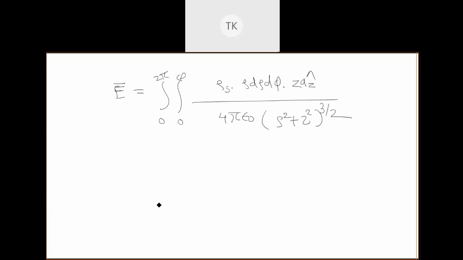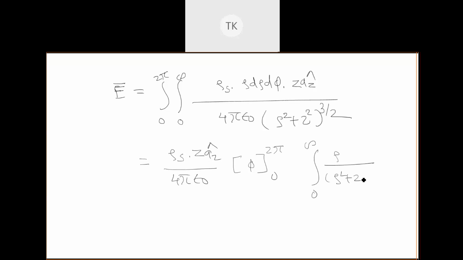So we will calculate here. We will first take the common terms out, rho_s into z a_z cap divided by 4 pi epsilon 0. The integration of d phi will be phi, with limits 0 to 2 pi. The remaining integration will be from 0 to infinity, rho divided by (rho square plus z square) raised to 3 by 2, d rho.